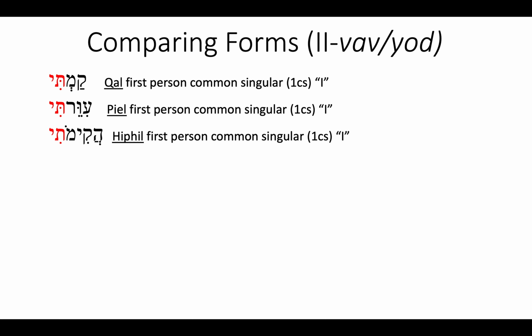And instead of a vav, there's a hirik yod in the middle. So that is a little tricky. And as I mentioned in class, the hifil perfect probably has the most anomalies, if you will, and is one of the tougher parts of the language to really understand what's going on.